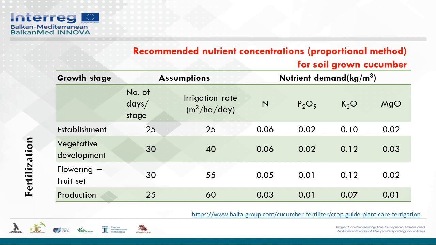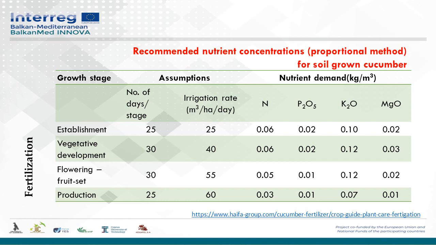You can see that in the period of stand establishment up to 25 days after transplanting, an average of 25 cubic meters per hectare per day is expected plus irrigation demands, which is later on increased to 40 and 55 and even 60 cubic meters per hectare per day, starting from the vegetative stage to flowering and finally to fruit production.